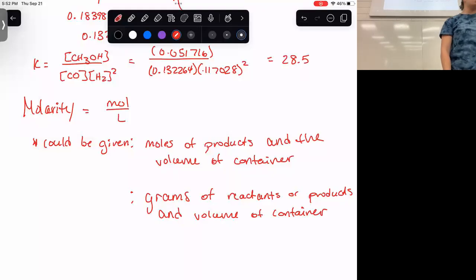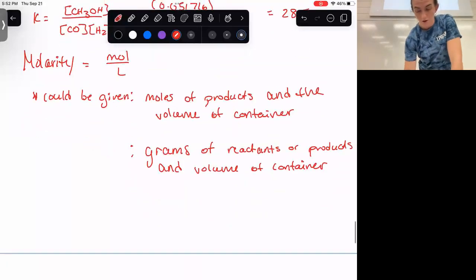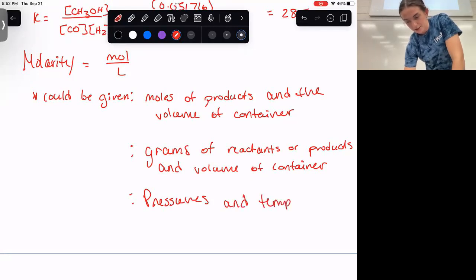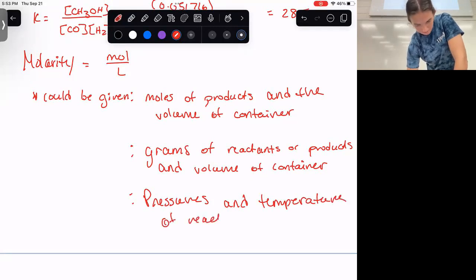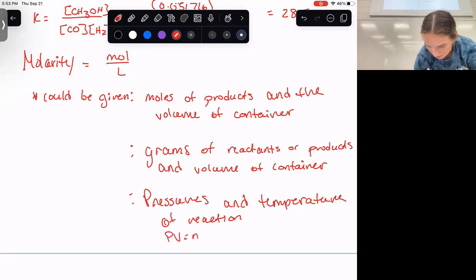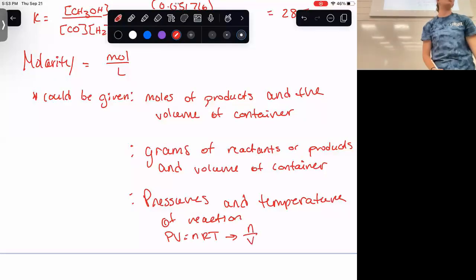And it would be, I think, maybe a little bit too hard, but you could be given pressures and temperature of the reaction. Through PV equals nRT, you can rearrange this to n over V, which is moles over liters.